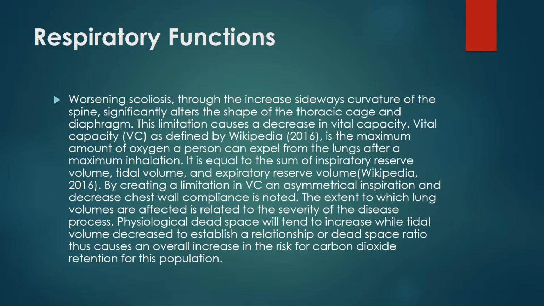Vital capacity is the maximum amount of air a person can expel from the lungs after a maximum inhalation. It is equal to the sum of inspiratory reserve volume, tidal volume, and expiratory reserve volume.